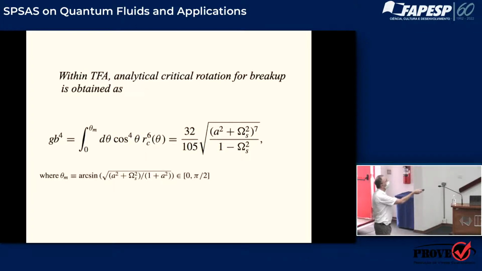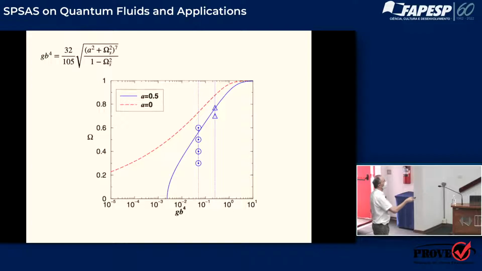What we did, we take this expression, this g_B to the power of 4, with all these parameters. Omega_s is the omega that gives you the breakup, omega split. It's exactly the omega that makes the breakup.